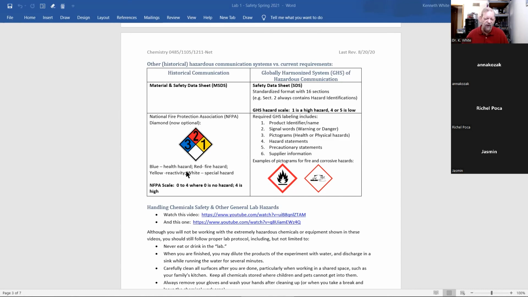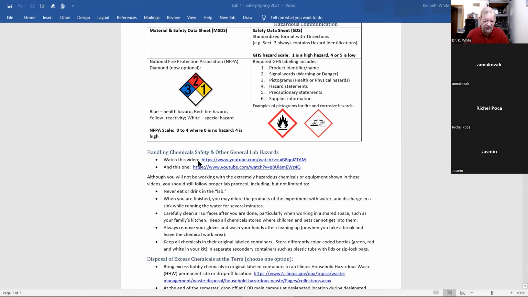The numbers go from 0 to 4. 4 is the most hazardous, 0 is the least hazardous, or no number at all. And if you notice in this example, the blue diamond is 3, which means that's a pretty hazardous material to your health, and that you should be familiar with.